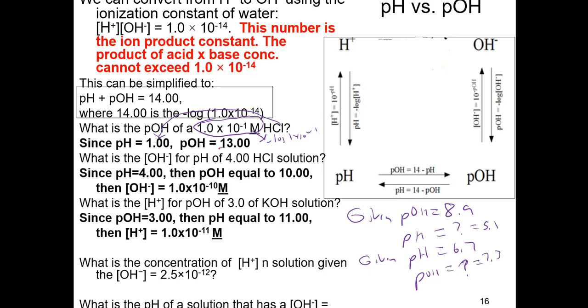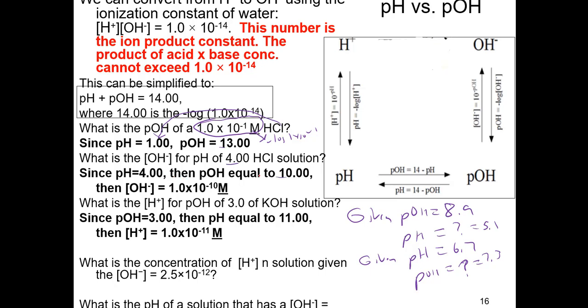I could ask you to go one step further. In this case, I start off with a pH of 4.00 of hydrochloric acid solution. Because it's monoprotic, it's only going to give off one hydrogen, so that's pretty straightforward. It's just going to be a pH of 4. I need to subtract this from 14. That gives us a 10.